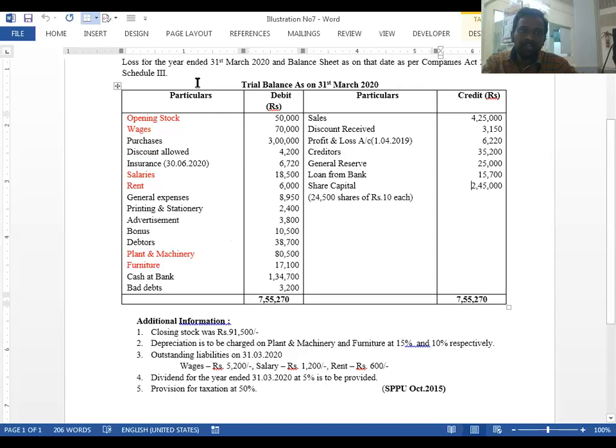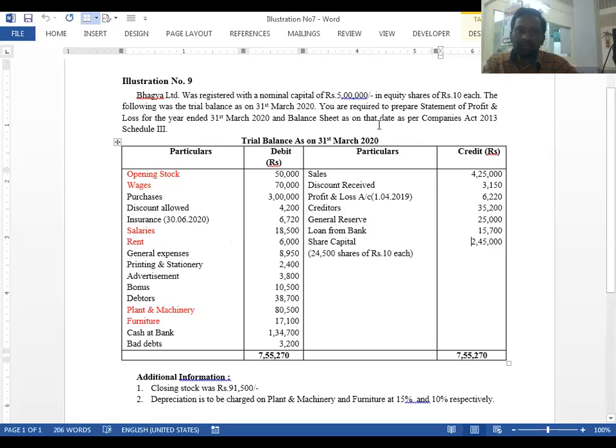So we transferred the debit side of the trial balance. Similarly, we also transferred the credit side of the trial balance into the profit and loss account and balance sheet. Only the share capital needs discussion. The authorized share capital is rupees 5 lakhs, but our issued, subscribed and paid up capital is rupees 2,45,000.